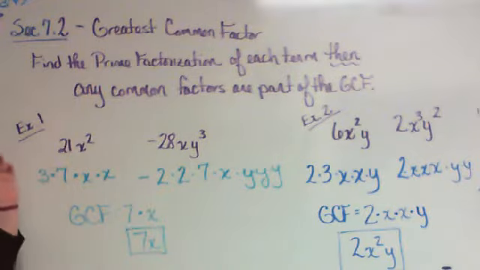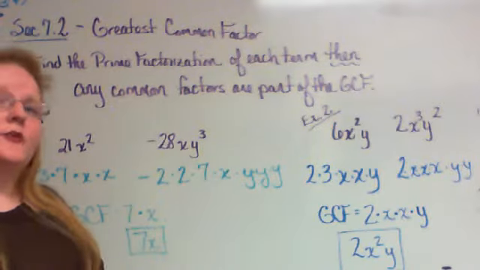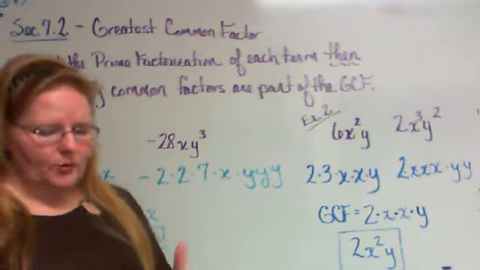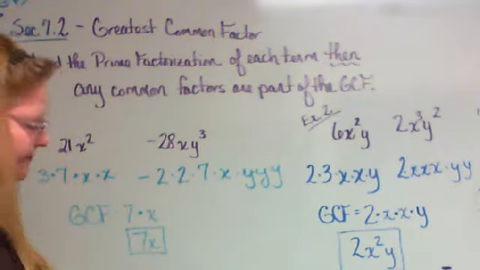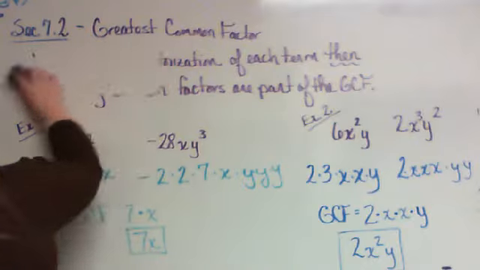So now we've talked about how to find a GCF. Now we need to talk about something called factoring out a GCF. This is when the rubber hits the road right here.